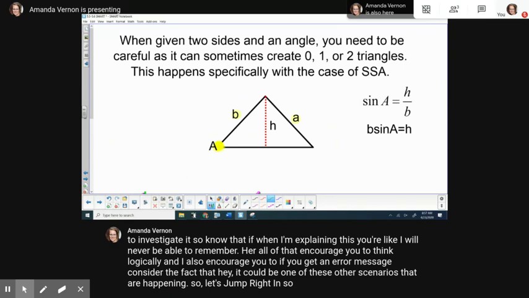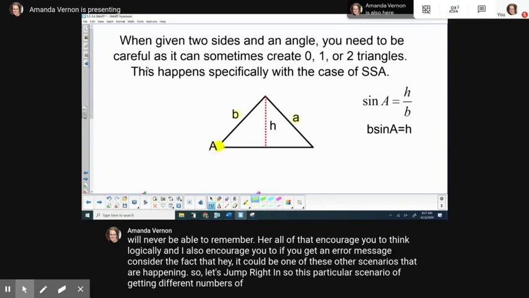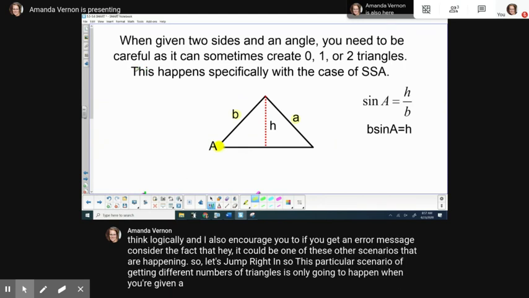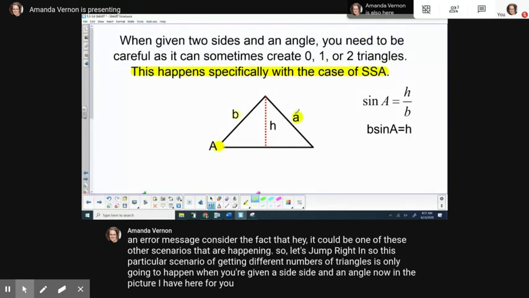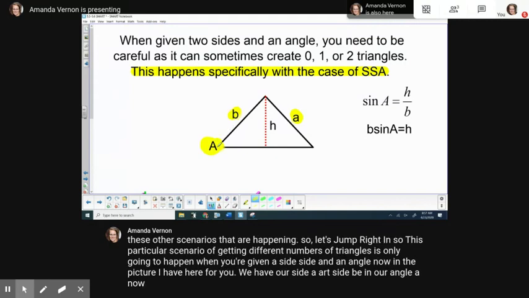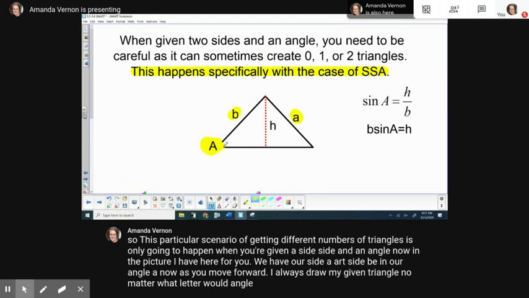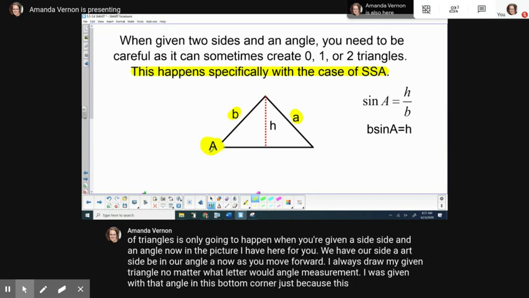This particular scenario of getting different numbers of triangles is only going to happen when you're given a side and an angle. In the picture I have here, we have our side A, our side B, and our angle A. I always draw my given triangle, no matter what letter or angle measurement I was given, with that angle in this bottom corner, just because this is how I've learned to visualize it.